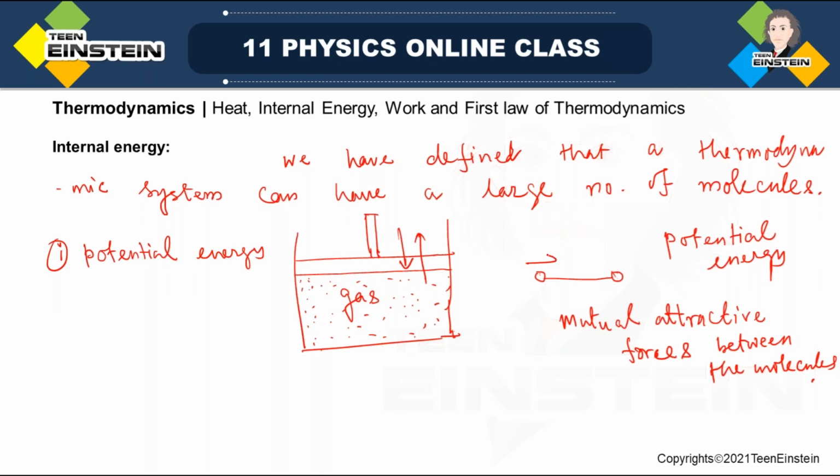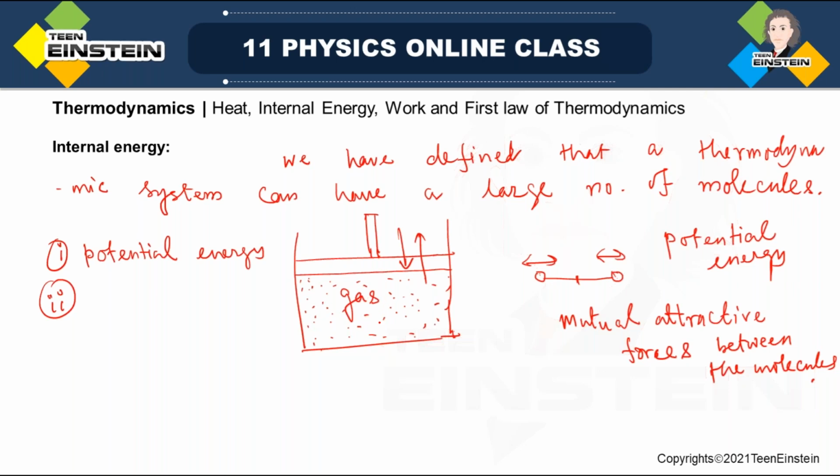Not only that, these molecules can vibrate about a common center. So they have vibrational kinetic energy. So they have kinetic energy and potential energy. How will kinetic energy arise? Because the gas molecules are not at rest.